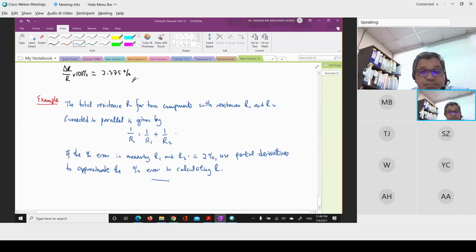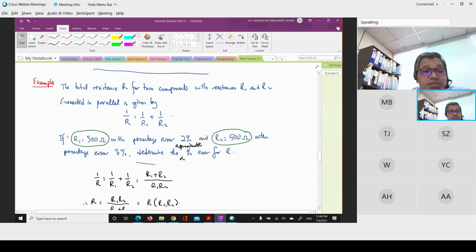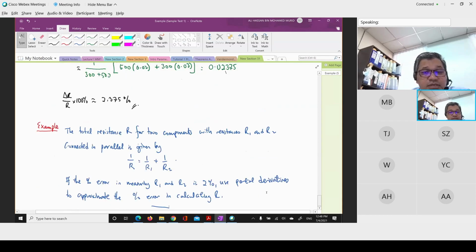What is the difference here compared to the previous question? In the previous question, you're given R1 of 300 ohms and R2 of 500 ohms. But now in this question, we are not given any values for R1 and R2 anymore.